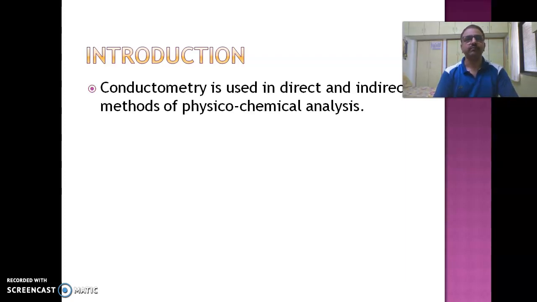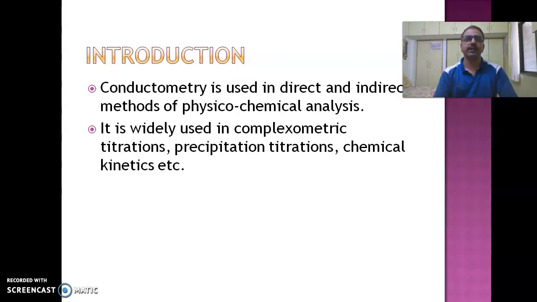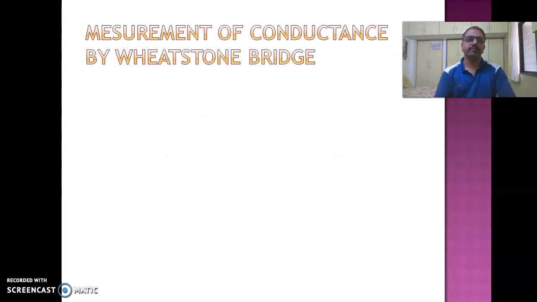Details regarding this we already studied in BSc class 2nd. Conductometry is used in direct and indirect methods of physicochemical analysis. Also, it is widely used in complexometric titrations, precipitation titrations, conductometric acid-base titrations, chemical kinetics, etc.